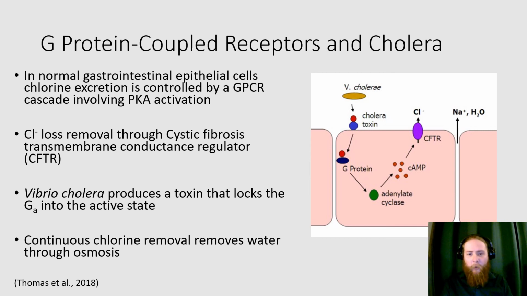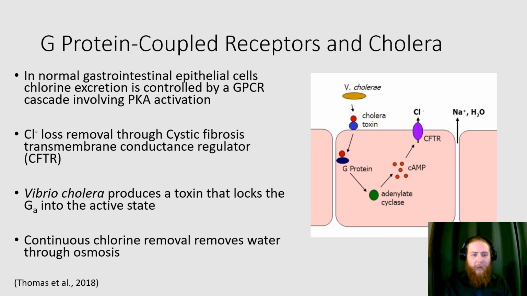So in normal gastrointestinal epithelial cells, chlorine is excreted through the cystic fibrosis transmembrane conductance regulator, which is CFTR. And this occurs through a GPCR cascade involving the activation of PKA, like we have discussed previously in the last couple of slides.